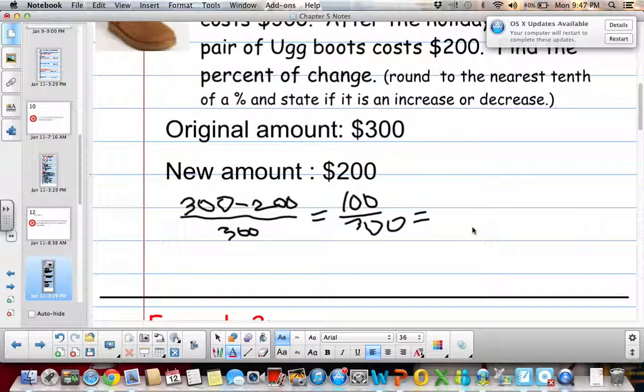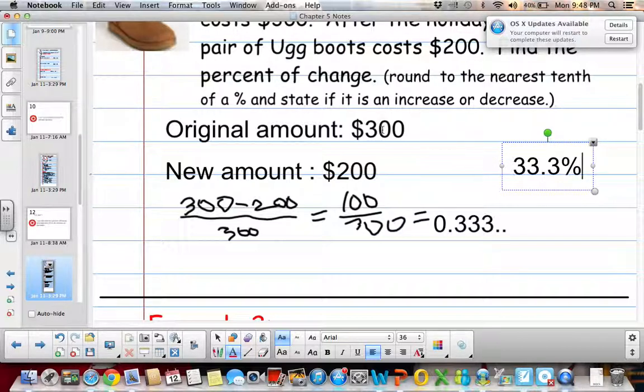Let's change it so I can type it and it will be a little bit easier. Equals 0.3333 forever and ever. And then if we take our decimal and we move it over 2, that tells us it is going to be 33.3%. Okay, and then is it an increase or decrease?